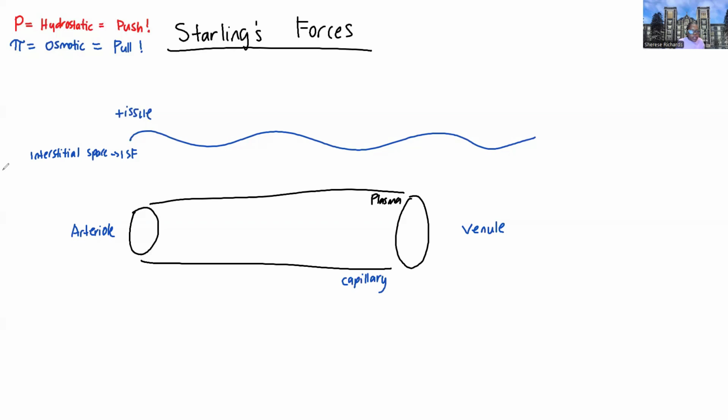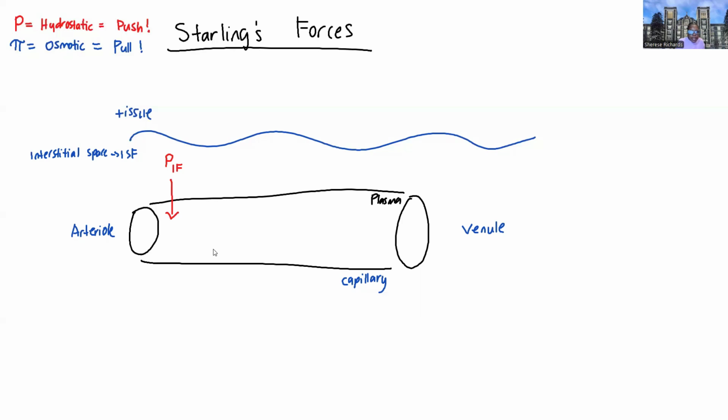We have two push forces. We have a push force in the interstitial fluid space. So this is our large P, and we're going to put a small IF to represent the location of that force. So a hydrostatic force in the interstitial fluid compartment is our hydrostatic interstitial fluid force, and that is a push from the interstitial into the capillary.